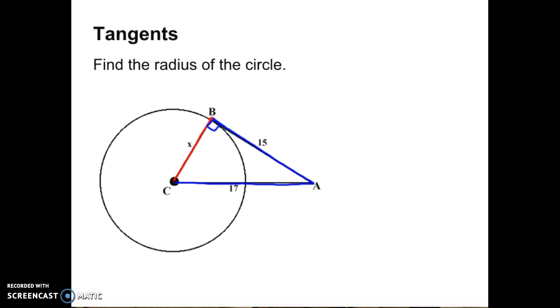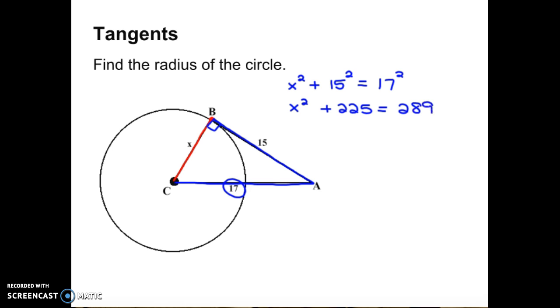So remember, you have a squared plus b squared is c squared. C is always the number across from the right angle, the hypotenuse, which is right here in this problem. So here's what I have: a squared plus b squared equals c squared. If you type that in your calculator, 15 squared is 225, and 17 squared is 289.